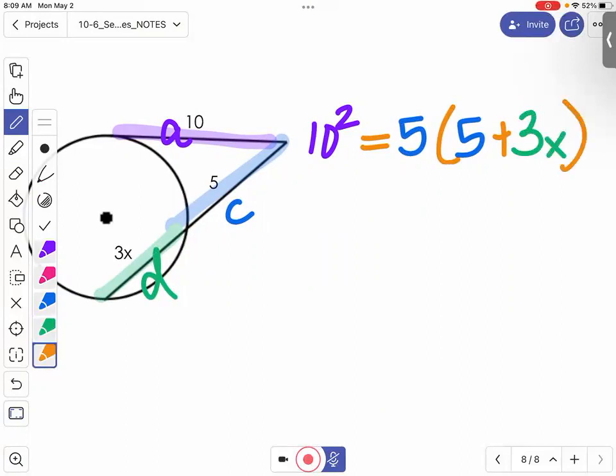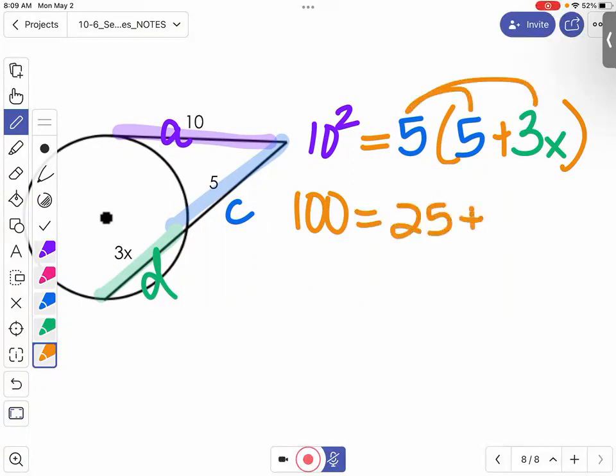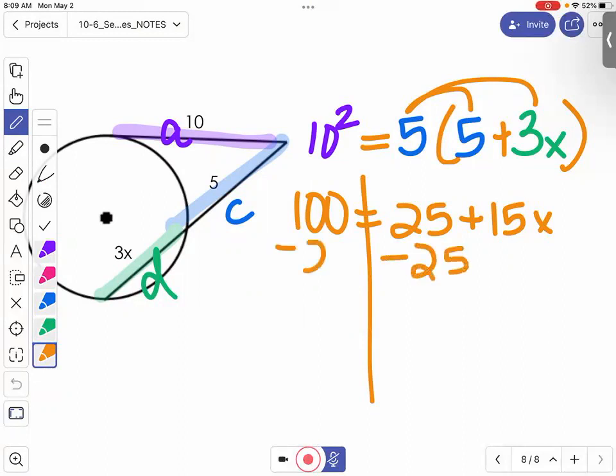And now let's solve this equation. So 10 squared, 10 times 10 does give us 100. We will distribute this 5 in front. So 5 times 5, 25, plus 5 times 3x, 15x. And now we have our equation that we can solve. So we're going to start by canceling this time the 25.